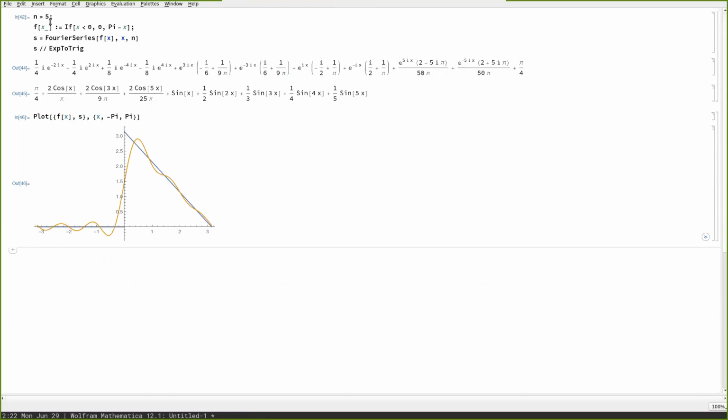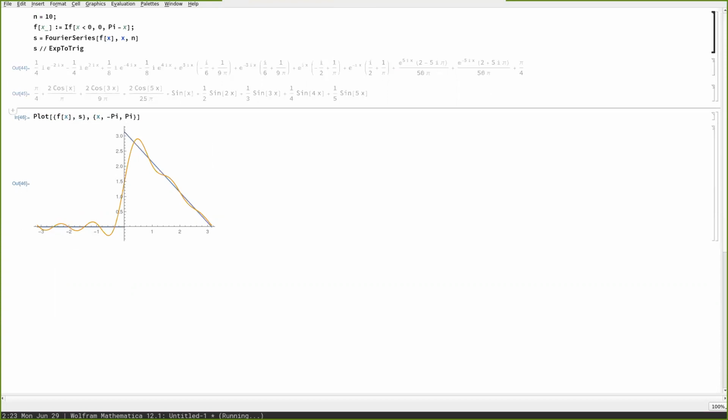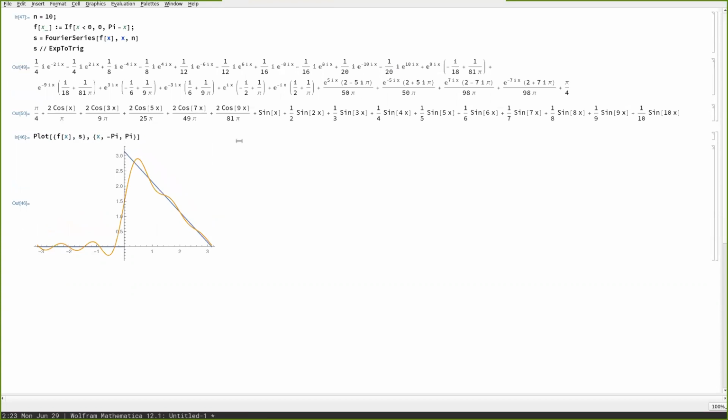If I increase n, of course, the accuracy can only increase. Adding more terms can't decrease the fidelity of my approximation. So I'm going to increase this to 10. And I get a more complicated expression, but maybe you saw that the gold function was getting a better and better approximation to the blue function.